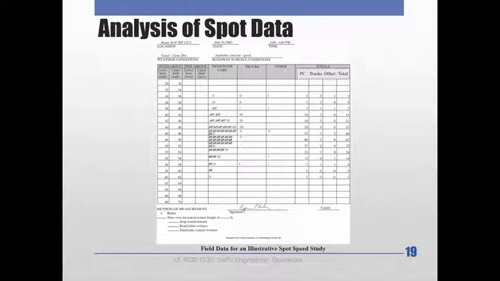So for example, if you look at 34 to 36, I have 2 passenger cars, 2 trucks, and 1 other. And then you have the total in here. So this is basically the frequency of the speed of cars driving at that specific speed range between 34 to 36. And you keep doing that.